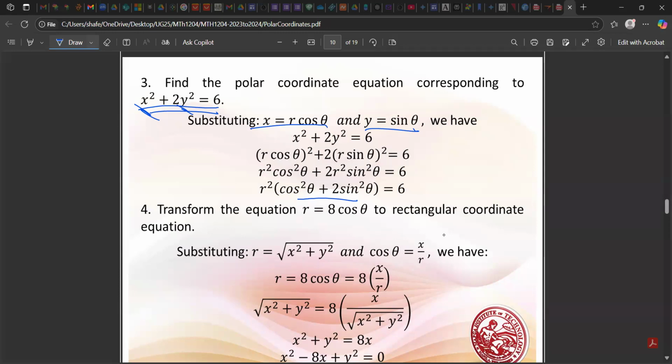I wonder what we'll do with that. We can't do anything more about that. If this 2 wasn't here, it would have been nice. But the 2 is there to disturb things. All right, we have to leave it at that.